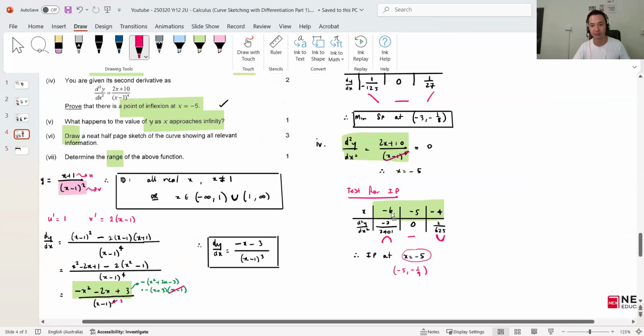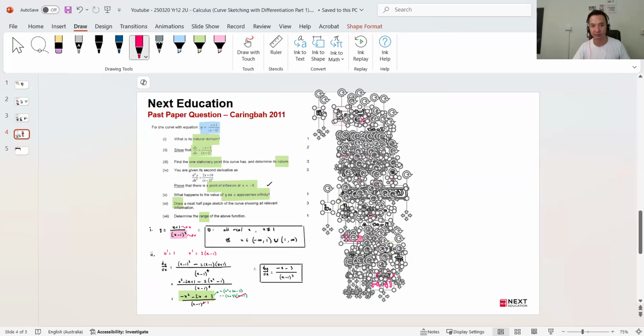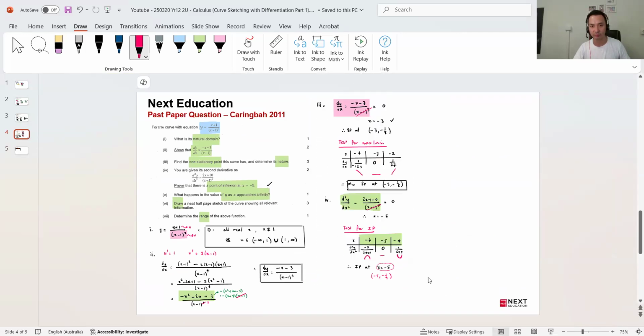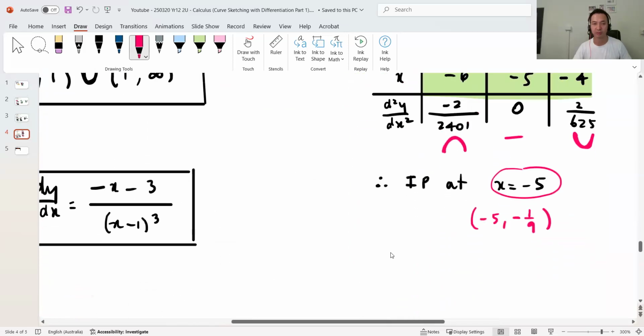Okay. Let's have a look. I think I can squeeze it right down the bottom there. Okay, number 5. So for part 5, what was the original function? x plus 1 on x minus 1 squared.